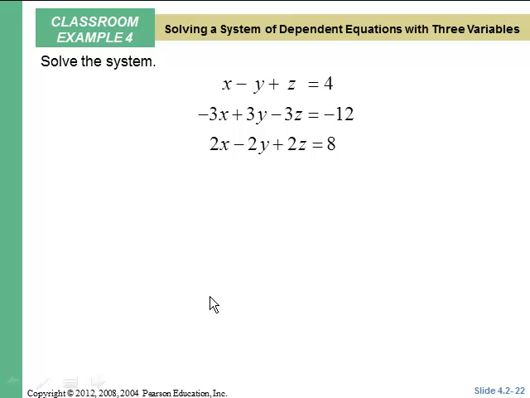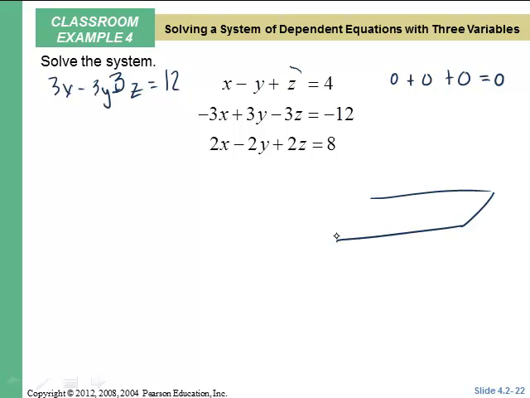All right. Now, if you notice here, you've got kind of the same thing going on. Let's multiply the top equation by 3, and we get 3x minus 3y plus 3z equals 12. Add that to the second equation, you get 0 plus 0 plus 0 equals 0. So those two equations form the exact same plane, and so you're not going to be able to get anything out of that one.